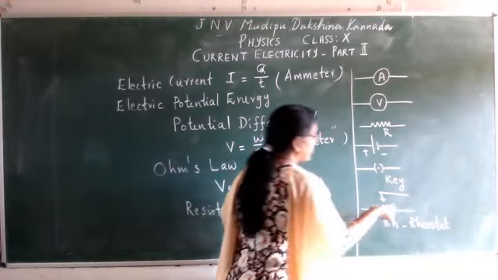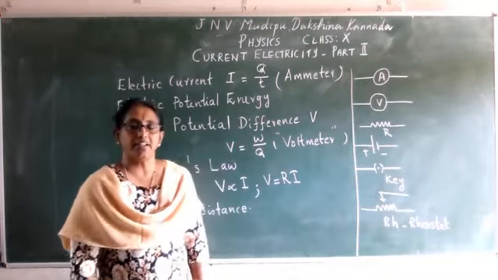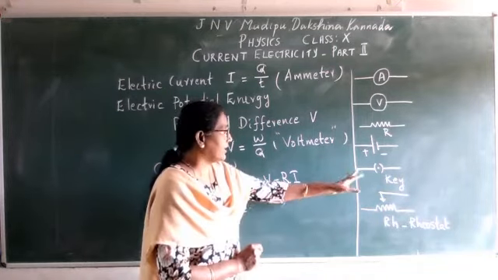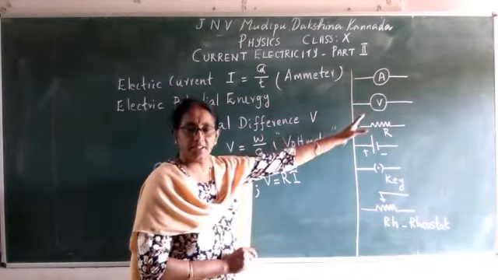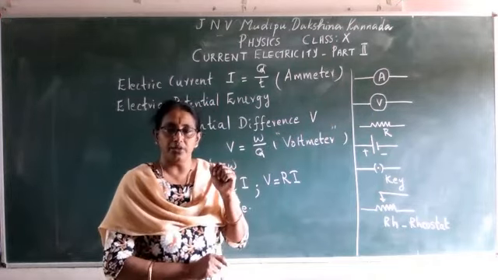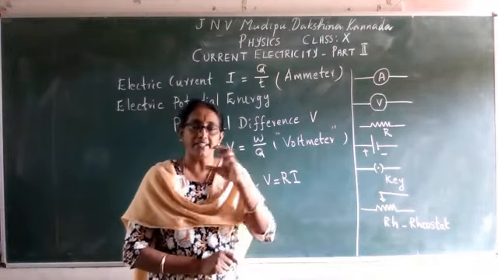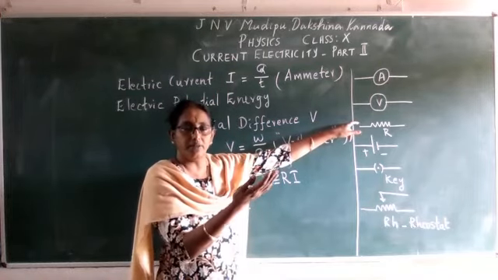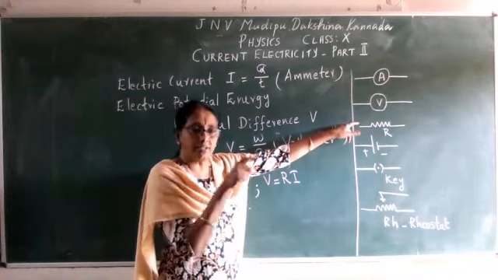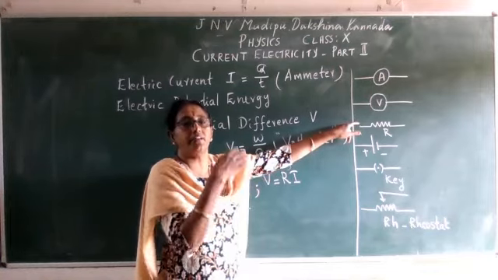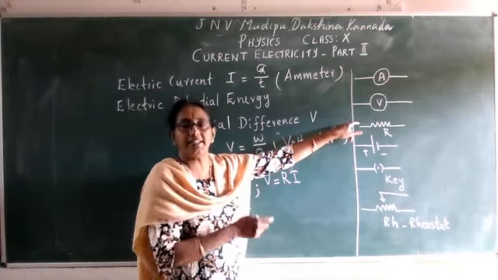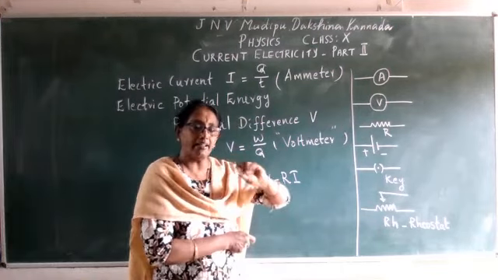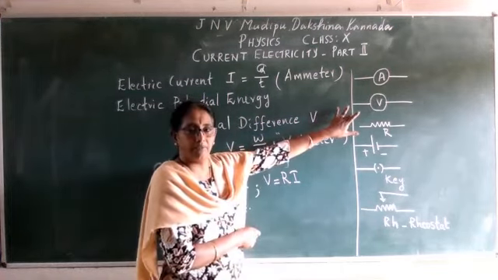This instrument we are using in the circuit just for our convenience, to increase or decrease the potential difference. Actually speaking, if you have connected one cell of 1.5 volt, to increase the voltage of the circuit you have to connect one more cell in series, then two more cells, three more cells. Either you increase the number of cells, or there should be some other mechanism for increasing the voltage.